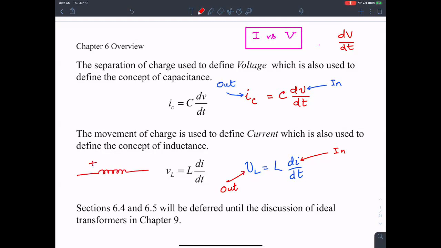The voltage across an inductor VL is proportional to the rate of change of current, where L is the proportionality constant. Similarly, for a capacitance, the current is proportional to the rate of change of the voltage applied across the capacitance.